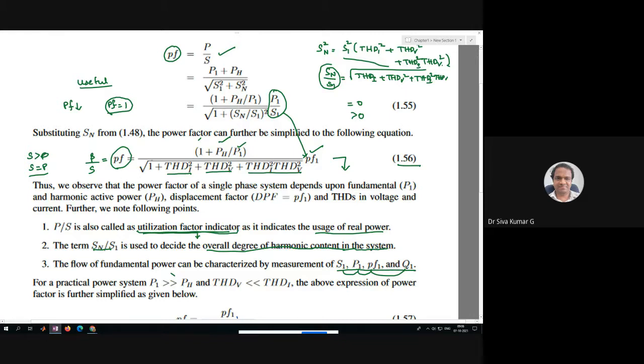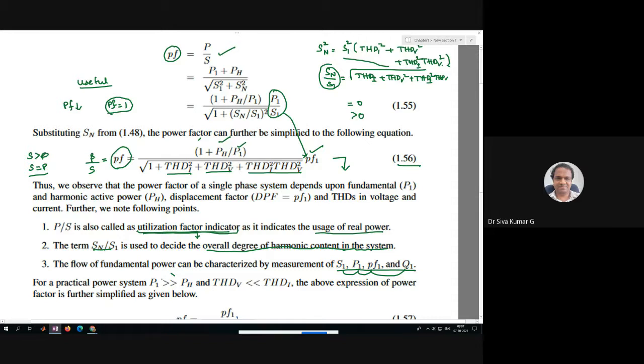But it is not very clearly evident. We try to see how the power factor is influenced by the harmonics in the voltage or in the current.